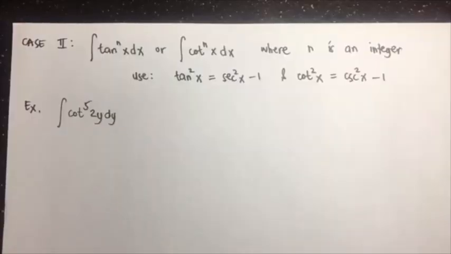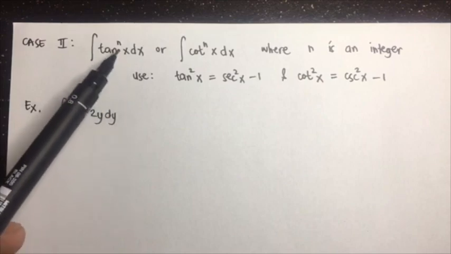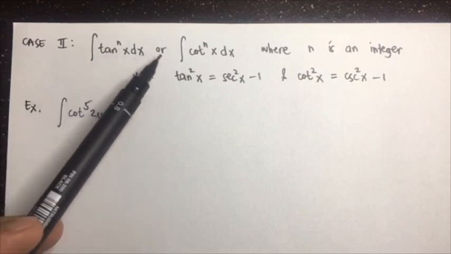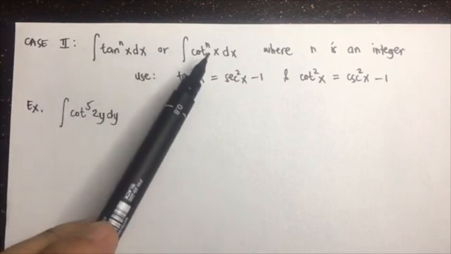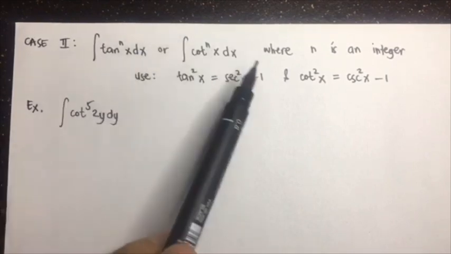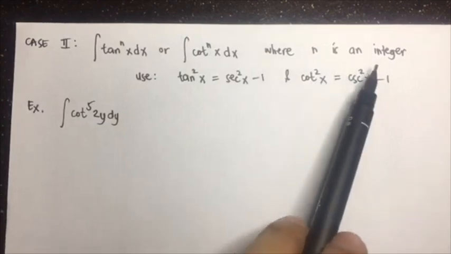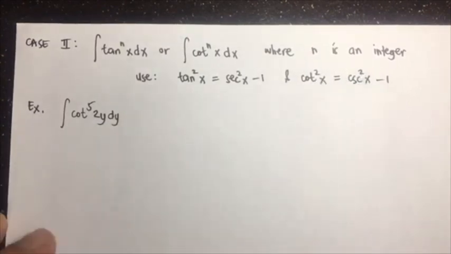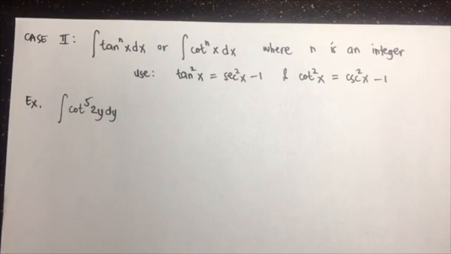So for trigonometric transformation, still on trigonometric transformation, we have case 2 for the integral of tangent raised to n of x dx, or the integral of cotangent raised to n of x dx, where n is an integer. Okay, any integer.